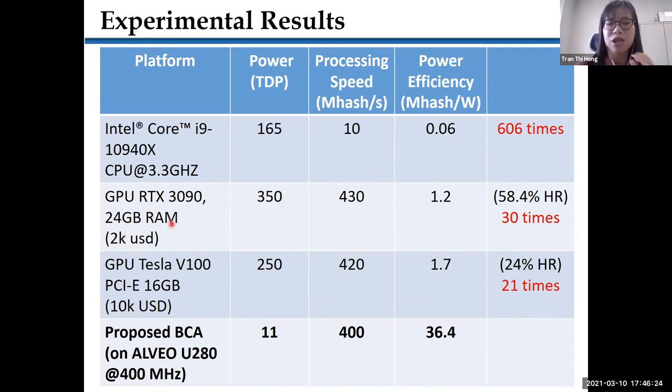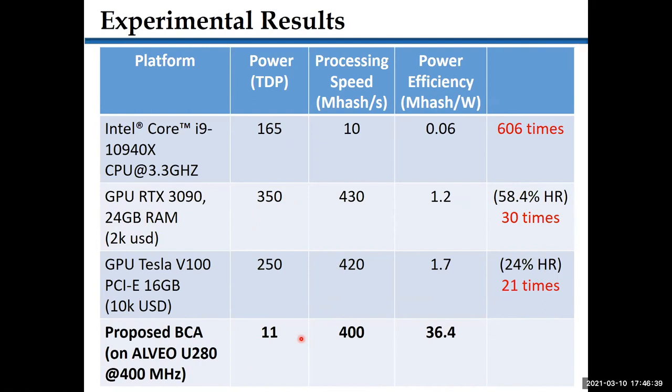Therefore, everything has a trade-off. So I don't think there is a limit on how many megahashes per second of processing speed. That's my opinion.